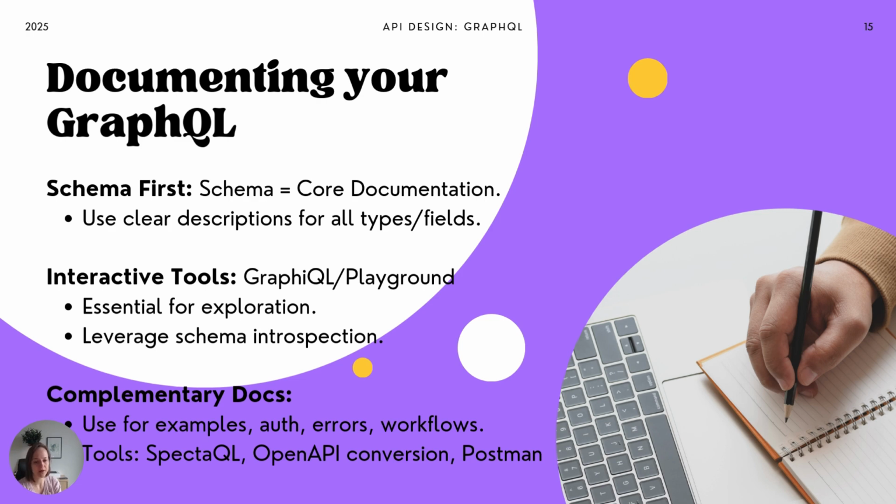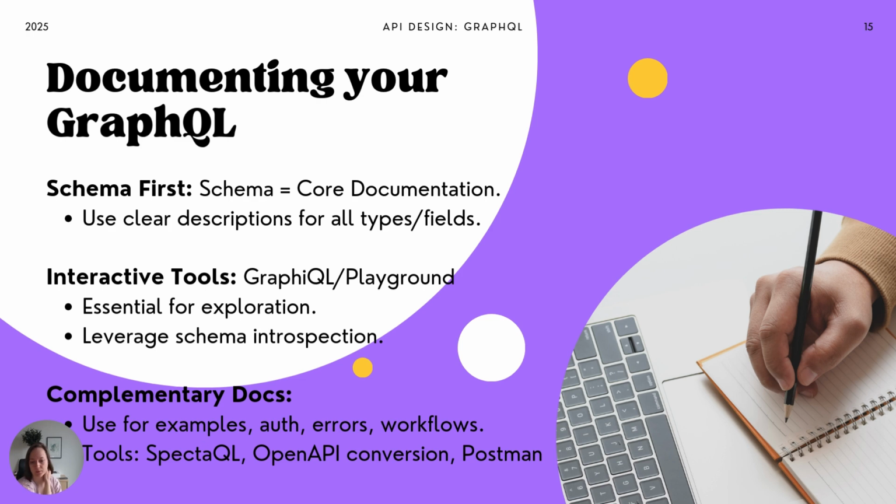Then we have interactive tools. Yes, please make it available. Leverage schema introspection and exploration. But then even on top of that, we need some kind of examples and some kind of walkthrough for everything that is possible for your user to have.